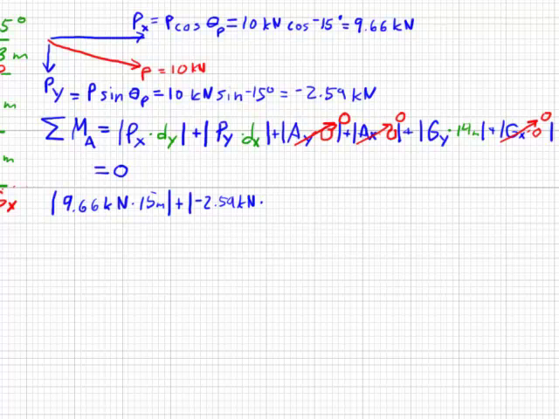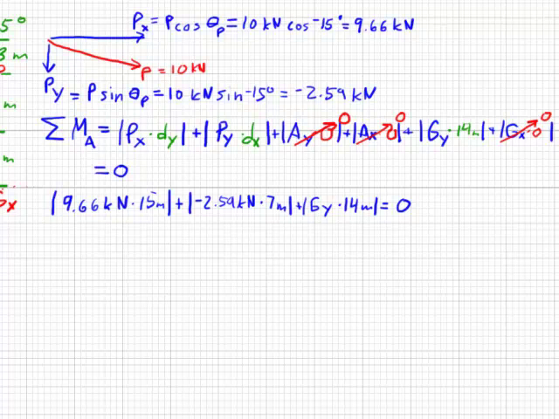And its perpendicular distance was 7 meters. We have 0 here, 0 here. Finally, GY times 14 meters. Now, GY is an unknown. So it's the only unknown in the equation, so we can solve for it. All of these add up to 0.